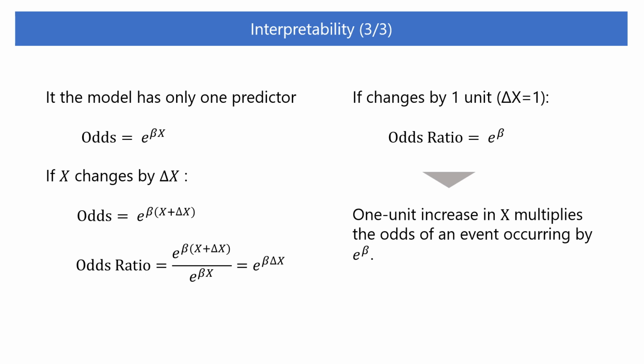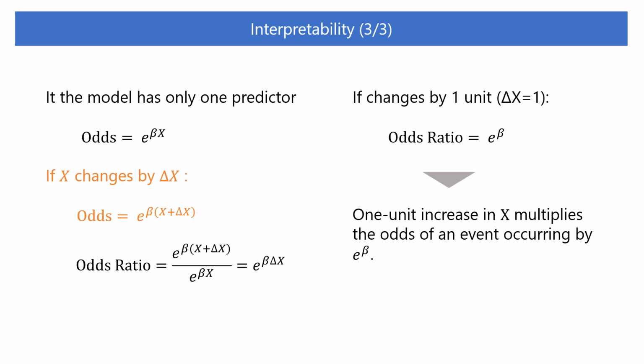In the logistic function, the odds are modeled by e to the power of z. Thus, if there is only one predictor variable x, the odds are expressed as e to the power of beta x. Suppose the predictor variable x changes slightly.